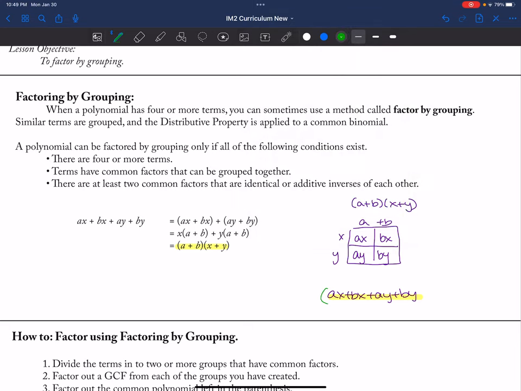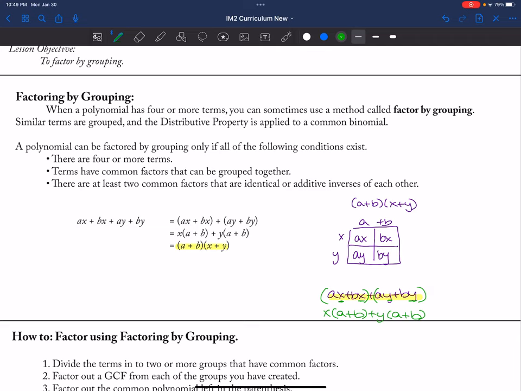I group typically the first two, and then I group typically the last two, and I try to factor out the greatest common factor. So what do they have in common? In this first parentheses, they have an x in common, so I'm left with an a plus b. Then in my second parentheses, I have a y in common, and then I have an a plus b.